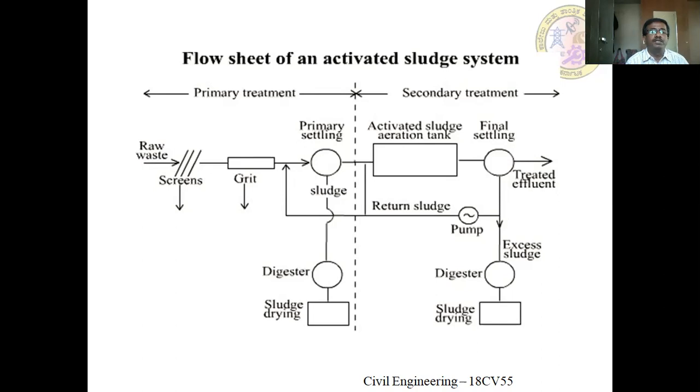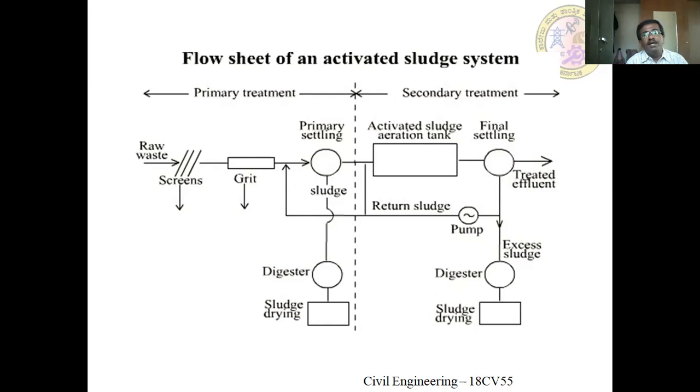Then in the primary settling tank, we remove some of the inert materials by gravitational force. After the primary settling tank, the amount of inorganic matter present is reduced by 80 to 90%, and mostly organic matter is present.